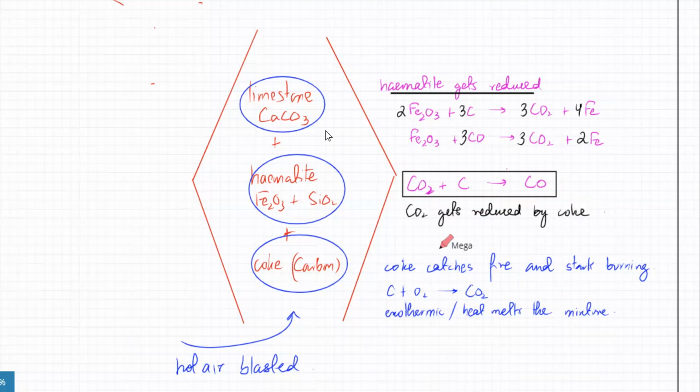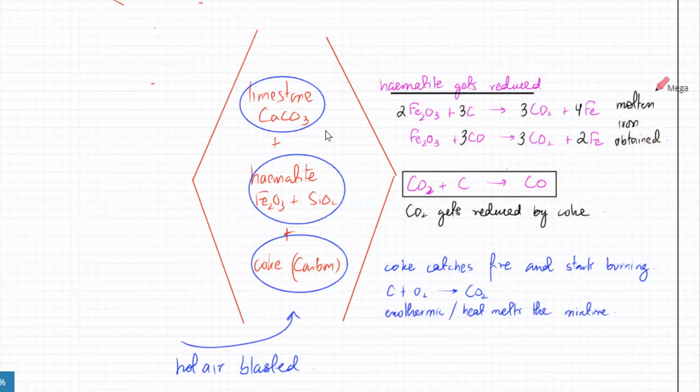And then the molten hematite comes into contact with carbon and ends up producing carbon dioxide, and iron is produced. So molten iron is obtained after this reaction. Is that clear to everyone? Yes, sir. Okay, molten iron is obtained.